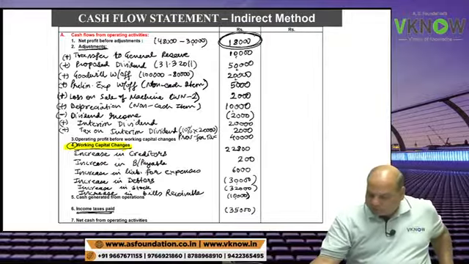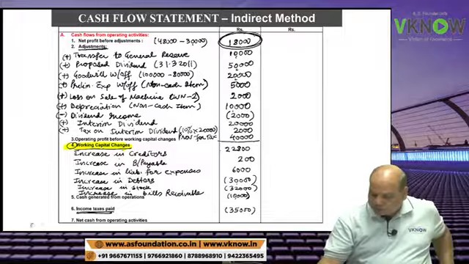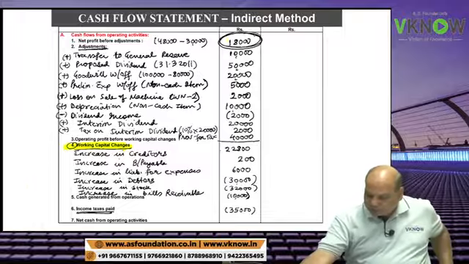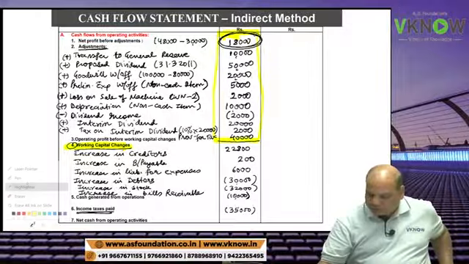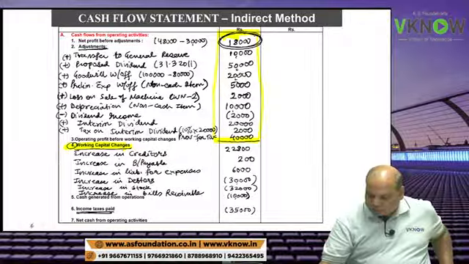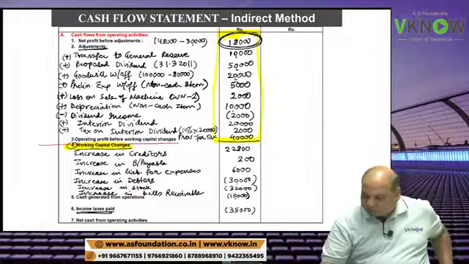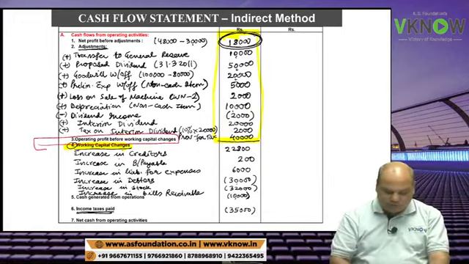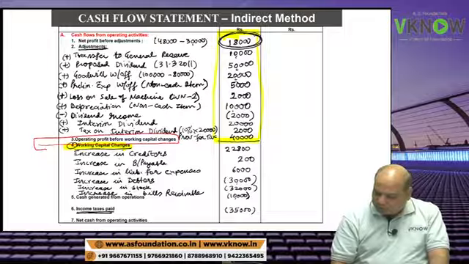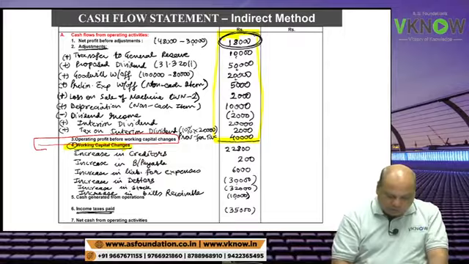Please tell me the total here, from 18,000 till provision for taxation. What is the total? That we will call operating profit before working capital changes.